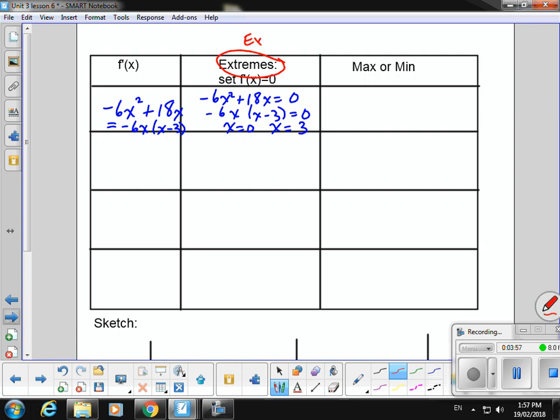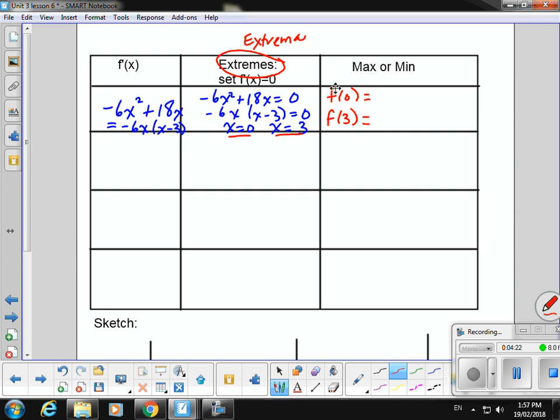We call them extrema, where I have a potential turnaround where my derivative is 0. For this particular one, I want to look at f at 0 and f at 3. So I want to look at these 2 places and see what my function is doing there.